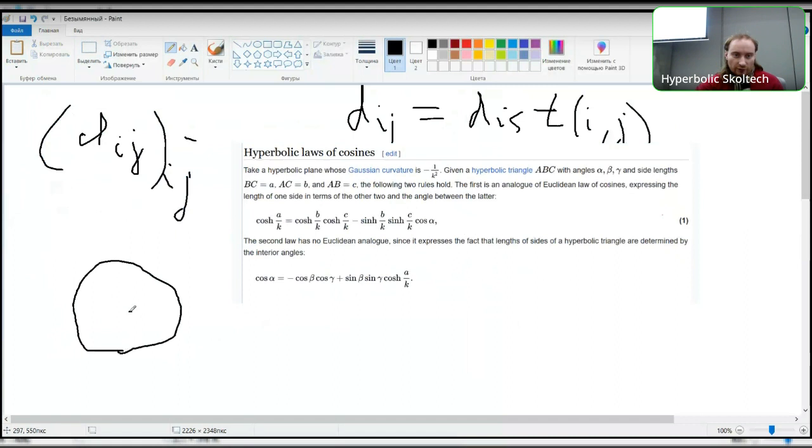So for example, you are sampling endpoints on a circle, and then you try to find the distribution of distances between these points. They are all at distance R from some central point.